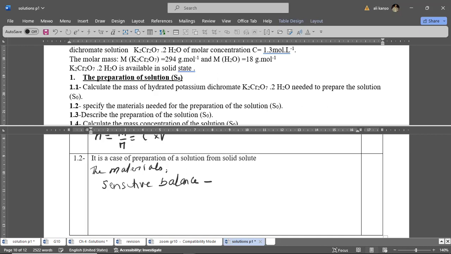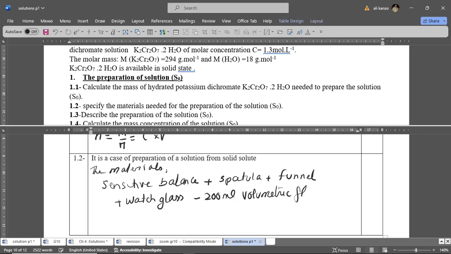Then, besides the sensitive balance, we need a spatula. We need a funnel. We need a watch glass. And finally, the most important thing, the glassware we want to prepare in: a 200 milliliter volumetric flask. These are the materials needed.